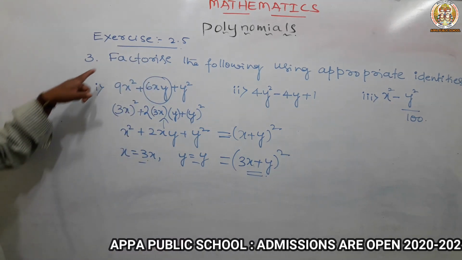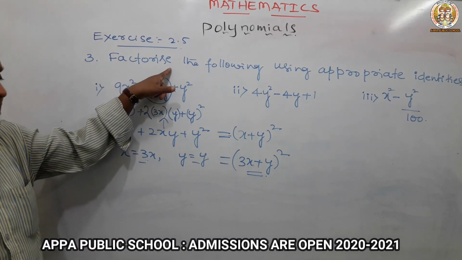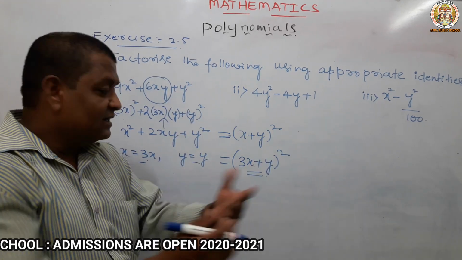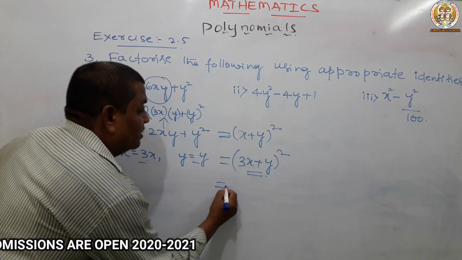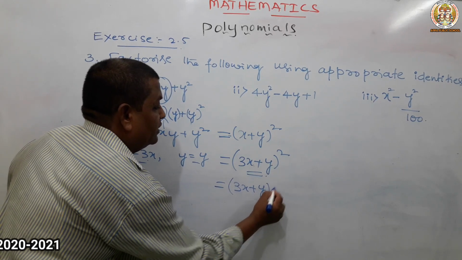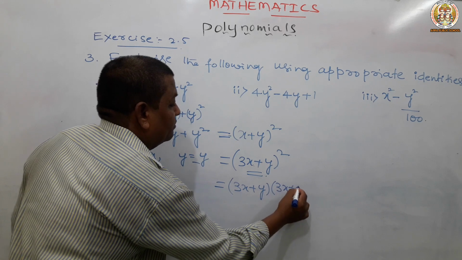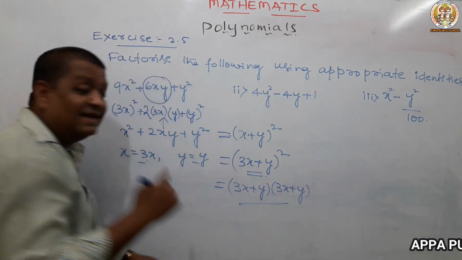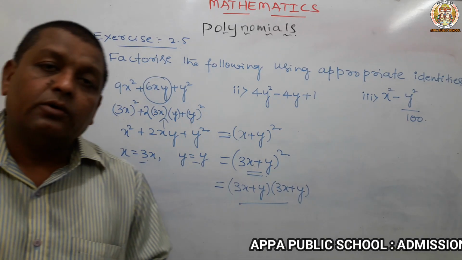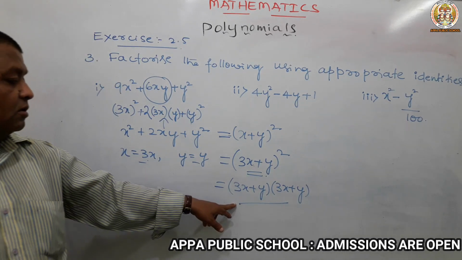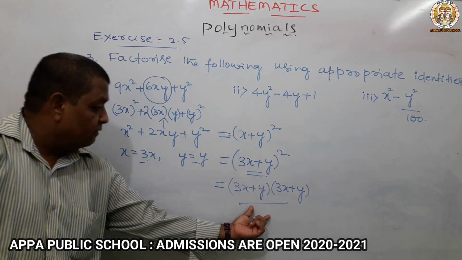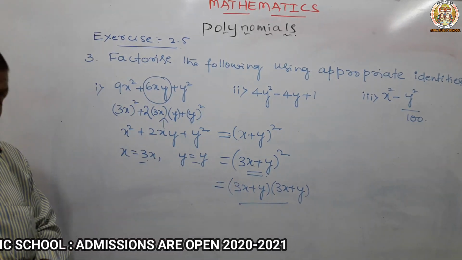So here we need to factorize. Factorize means it's not good to keep it in square form. Just write one more line: you expand this, 3x plus y into 3x plus y. It is just like a square. A square means what? a into a. So these are the factors of this given polynomial.